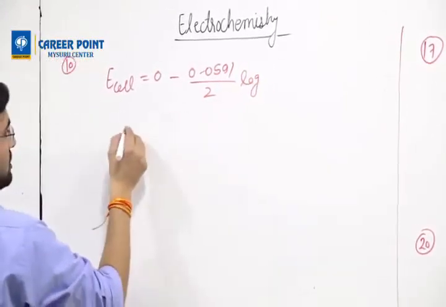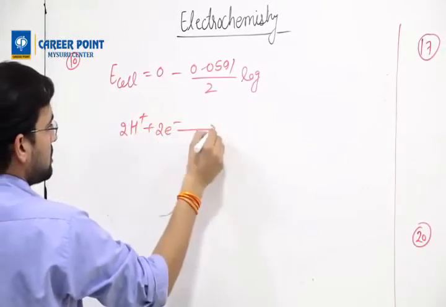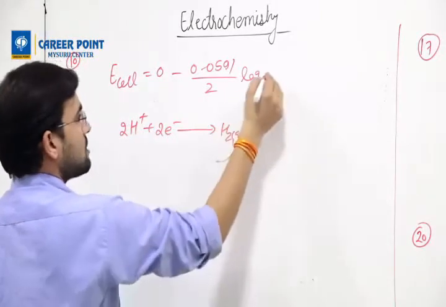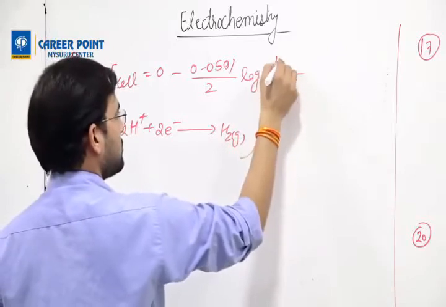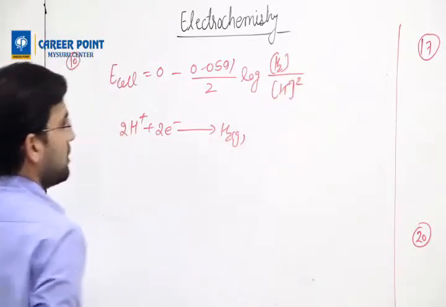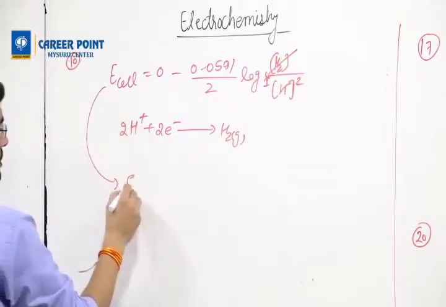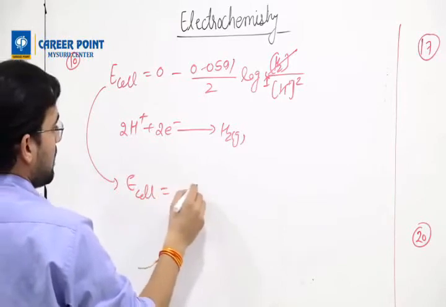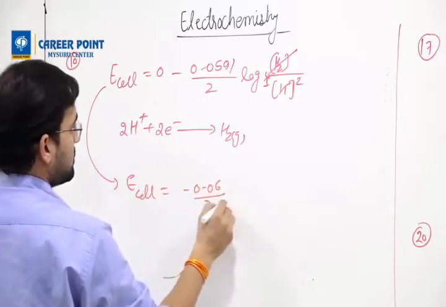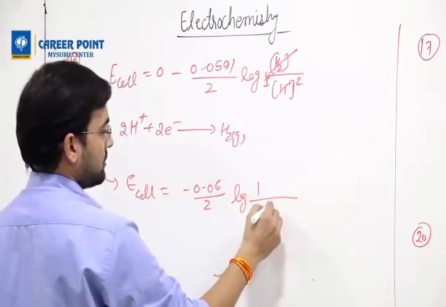It's a reduction potential, so generally we write 2H plus 2 electron gives rise to H2 gas. So it will become log of H2 gas divided by H plus whole square. This will become 1 atm. So E cell is minus 0.06 by 2 log of 1 by H plus square.